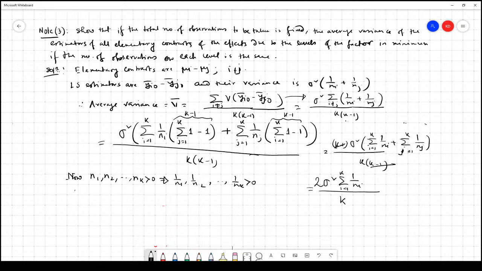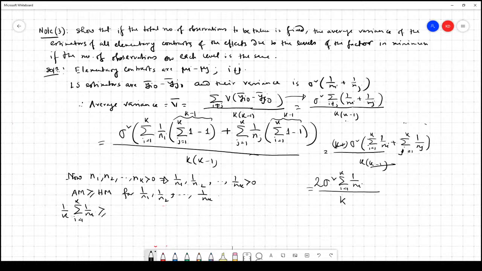So we can apply arithmetic mean greater than equal to harmonic mean for the variables 1 by n1, 1 by n2, 1 by n3. So the arithmetic mean in this case is the sum over i from 1 to k of 1 by ni, divided by k.